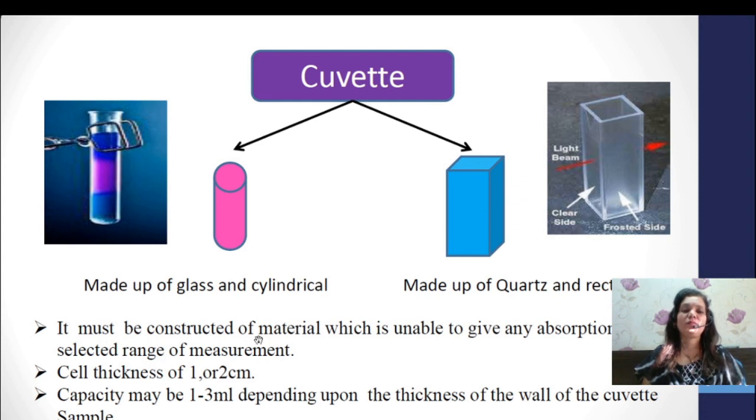Now, what is the basic eligibility of this particular material to be utilized in UV as well as visible region? That this should not absorb any amount of radiation. Only the colored solution, whatever has been filled up, will be absorbing radiations. So material should be inert towards the absorption of radiation.